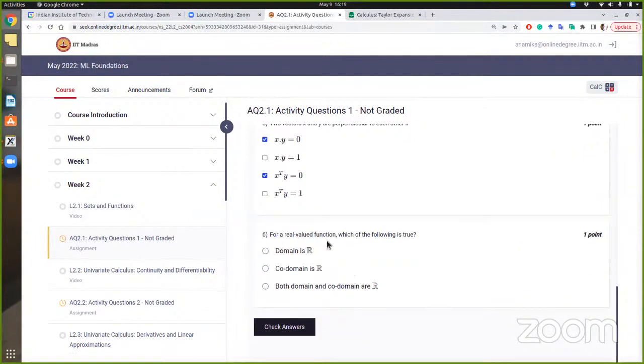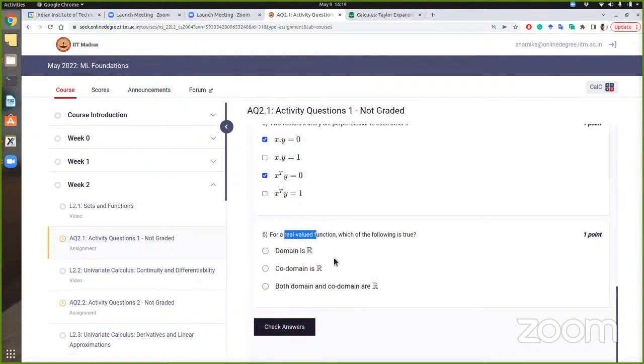Next question. For a real valued function, which of the following is true? Please note this. Real valued means whatever the output is, is real. And the output is in the domain or codomain? Codomain, correct.